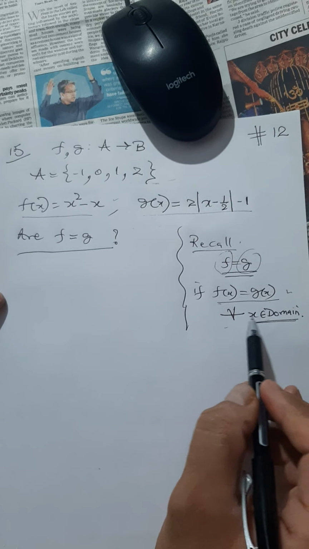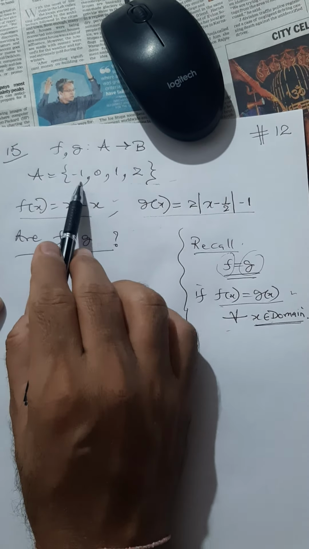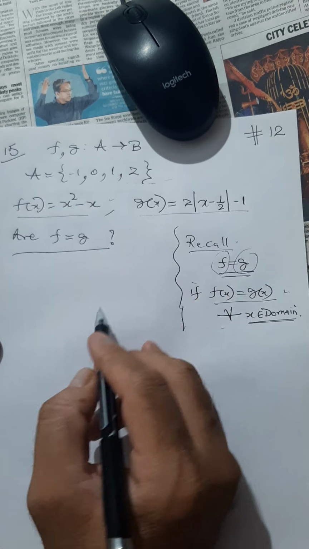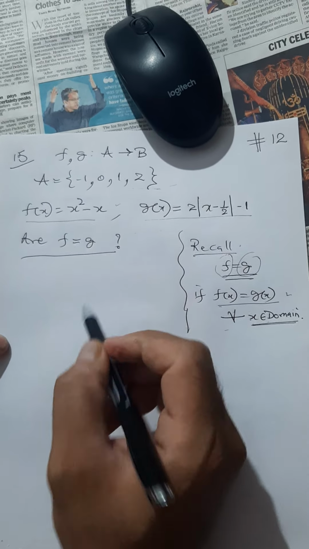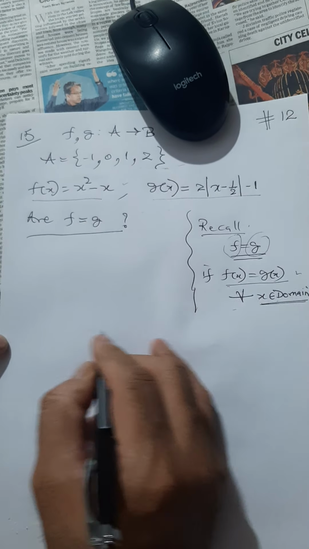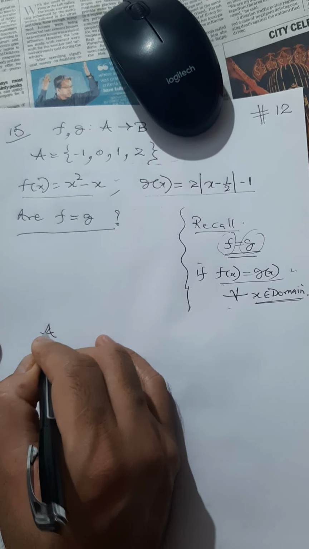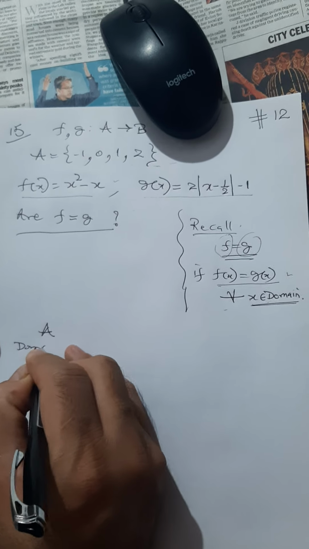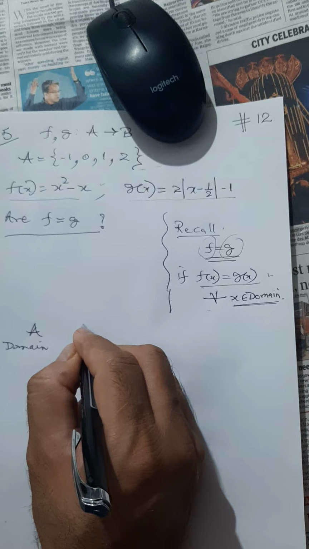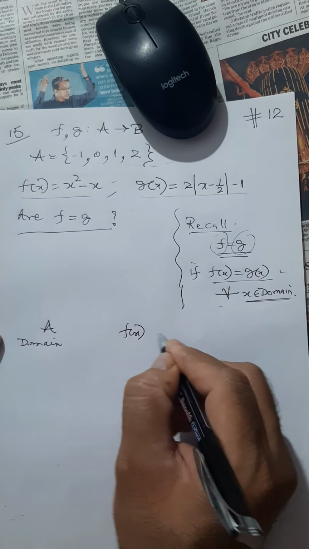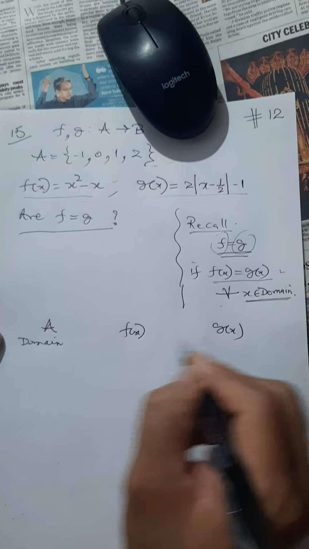So that's what we do here. How many members are there in the domain? 4 members. So we prepare a table here: set A, which is the domain, f(x), and g(x).